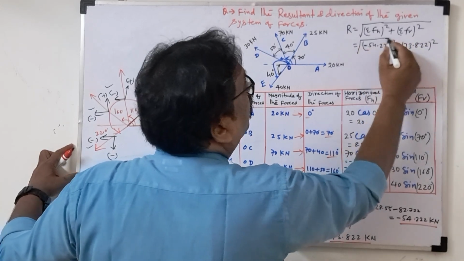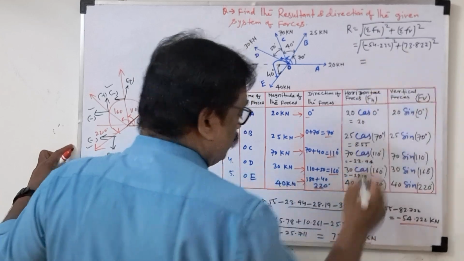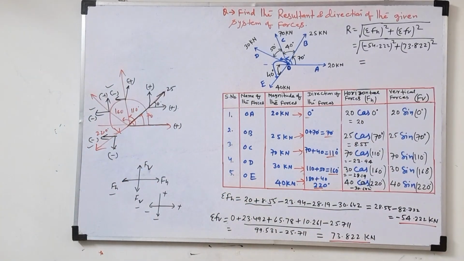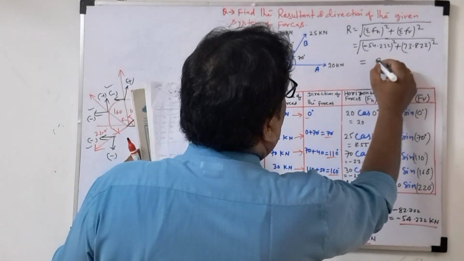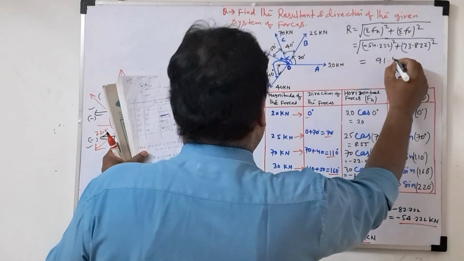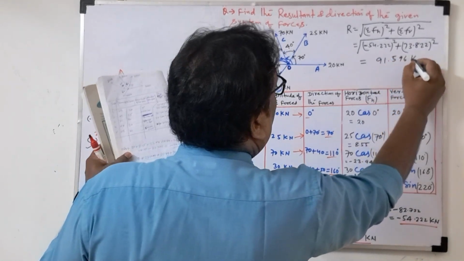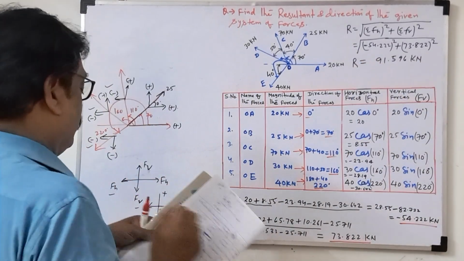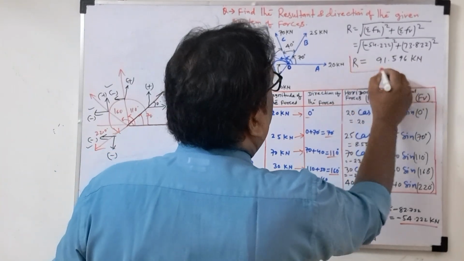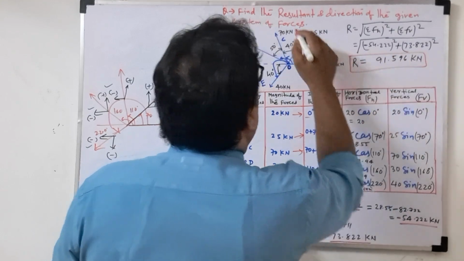If you solve this, already we solved, this value is coming 91.596 kilonewton. This is called our resultant. What are they asking? Find the resultant.